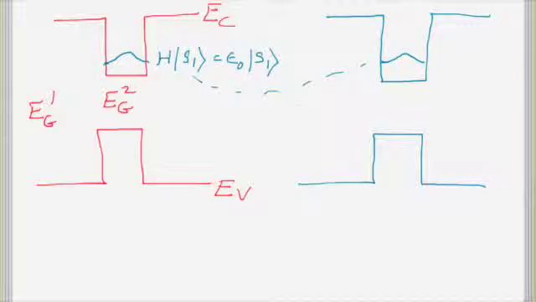But now if I bring these things together, and since let's say they're identical quantum wells, you grew them the same width, the same material, so these two energies are identical. Okay, so you have two degenerate states, just like we started off with our two identical atoms and two degenerate states.